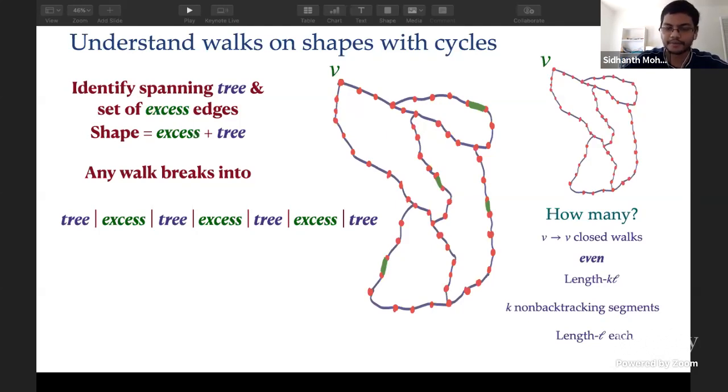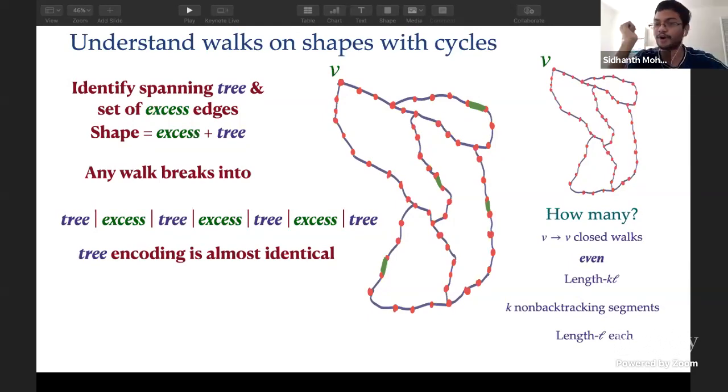Now the way we're going to encode such a walk is by encoding the tree segments in an almost identical way to what was described earlier. Note that the tree segments are no longer closed walks, because they go from one endpoint of an excess edge to another endpoint of an excess edge, and these two endpoints need not be the same vertex.